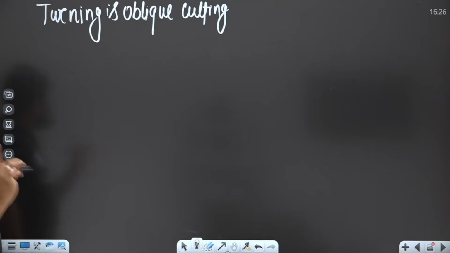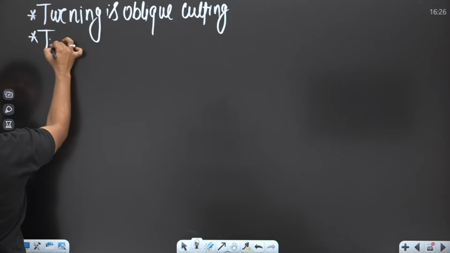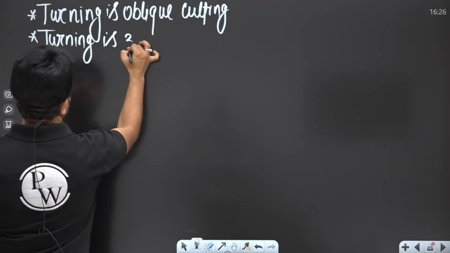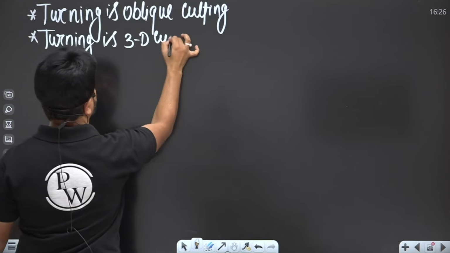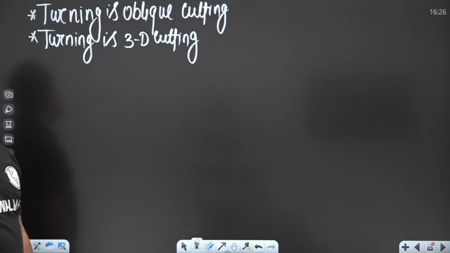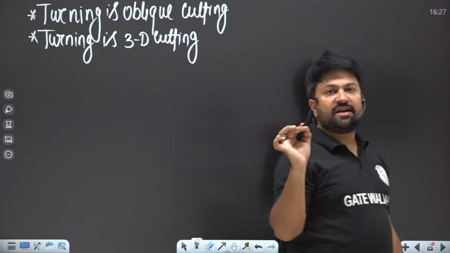Turning is 3D cutting, and 3D cutting means three forces come into the picture. What were the forces? Fz, Fx, Fy. You have seen in turning how many forces there are.